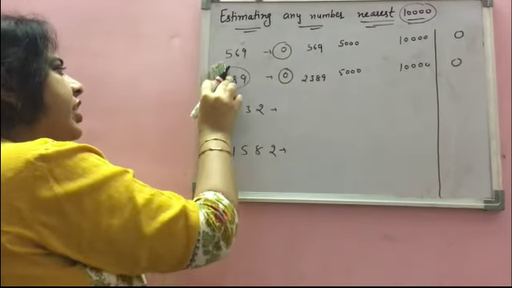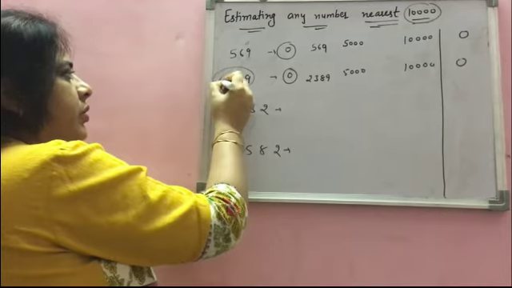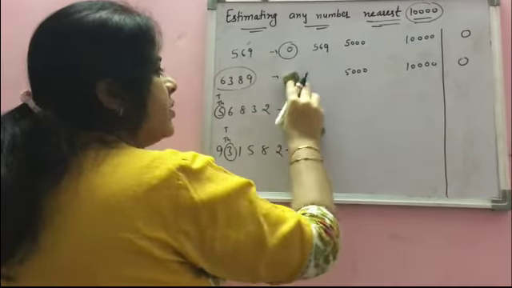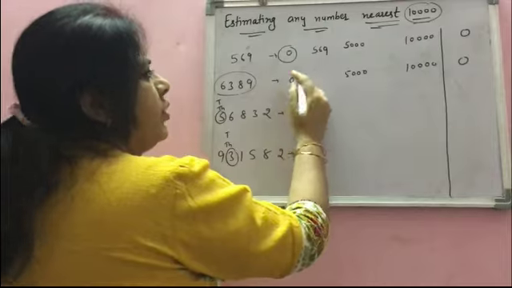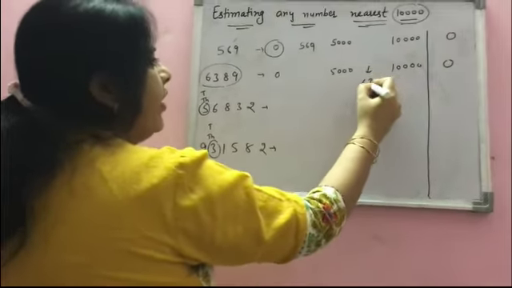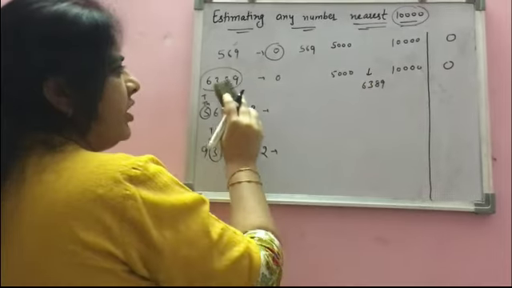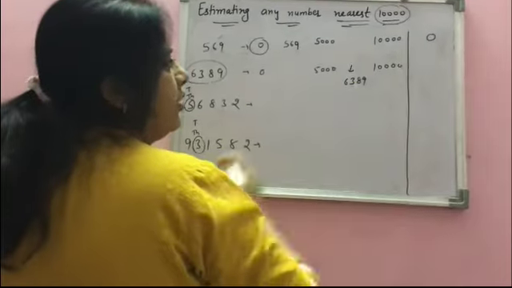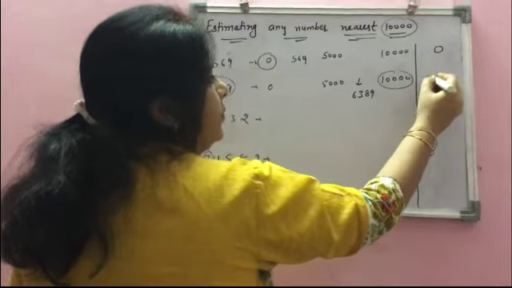Just suppose I am taking 6 here. This also lies between 0 and 10,000. So it is more than the halfway. So when we are estimating this number, it will go with 10,000.